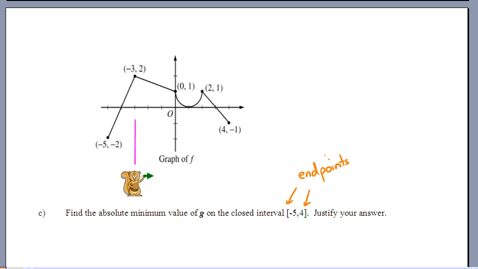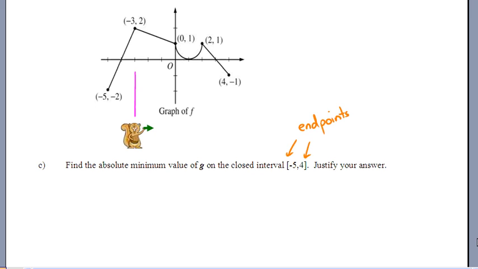If you want g to have a minimum, then by the same logic that we had done before, if g is a min, then g prime is going to switch from negative to positive.